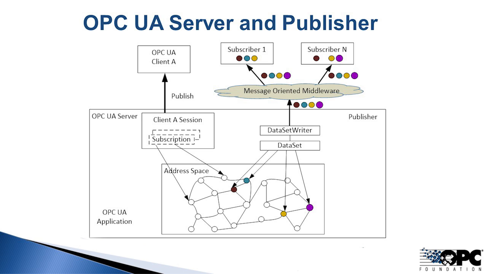Now you can imagine if you have on the left side even more, not only one client, more clients, then each client will create a session and will create his own subscription. And so you need more and more memory resources inside the server to handle all this communication.